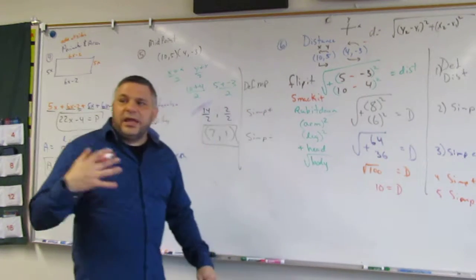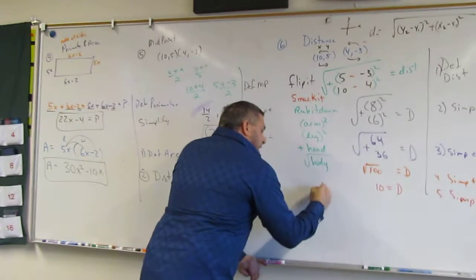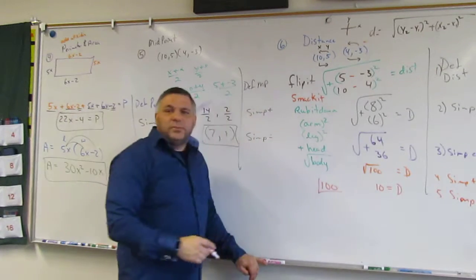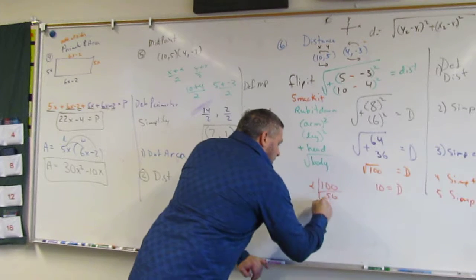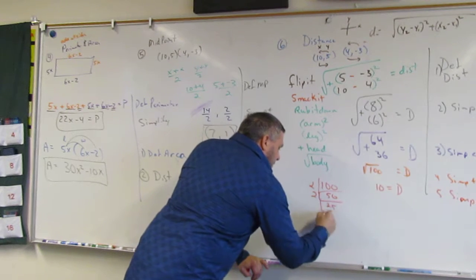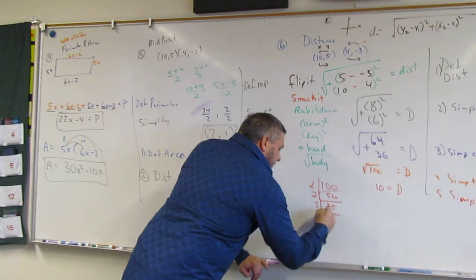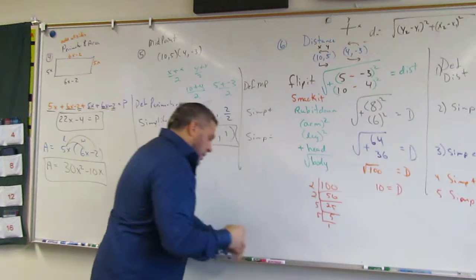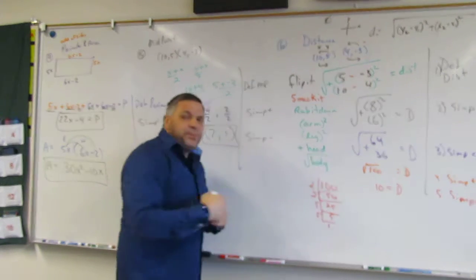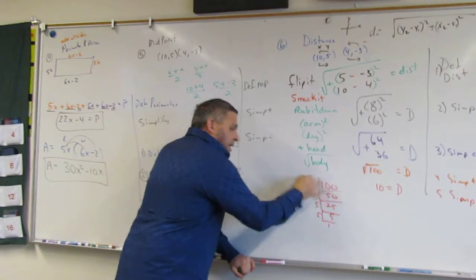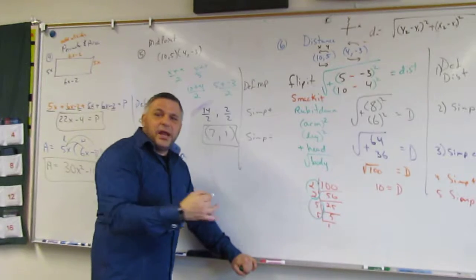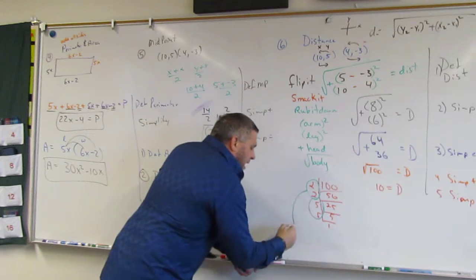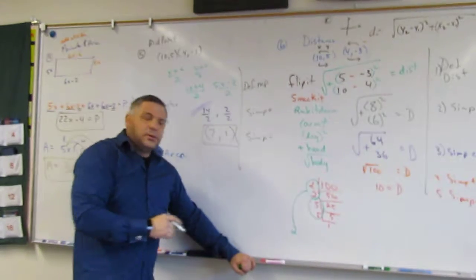Now, if you didn't know, you would take the 100 and you would break it down. What goes into 100? 2. How many times? 50. 2, 25. 5, 5. And then what you would do is you would pair up. There's your pair. There's your pair. And for each pair, you trade it for one outside of the radical.